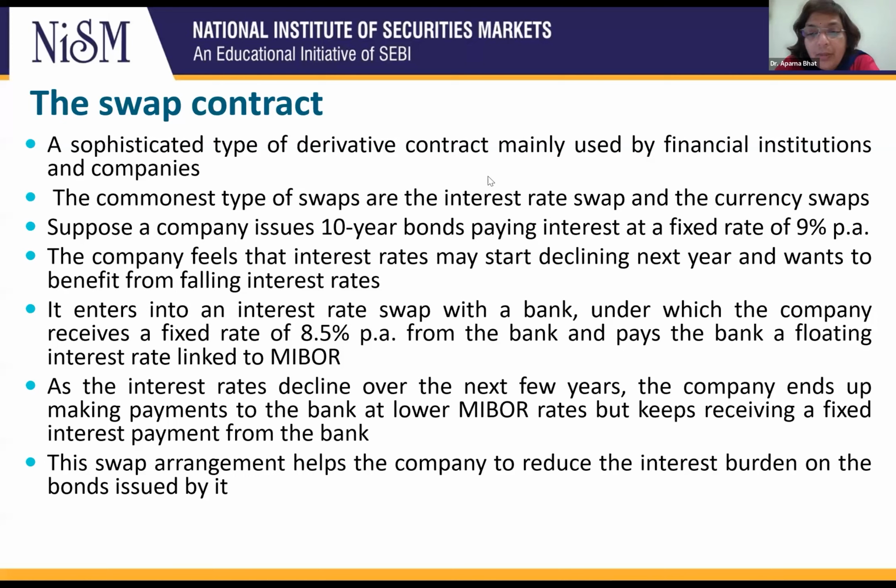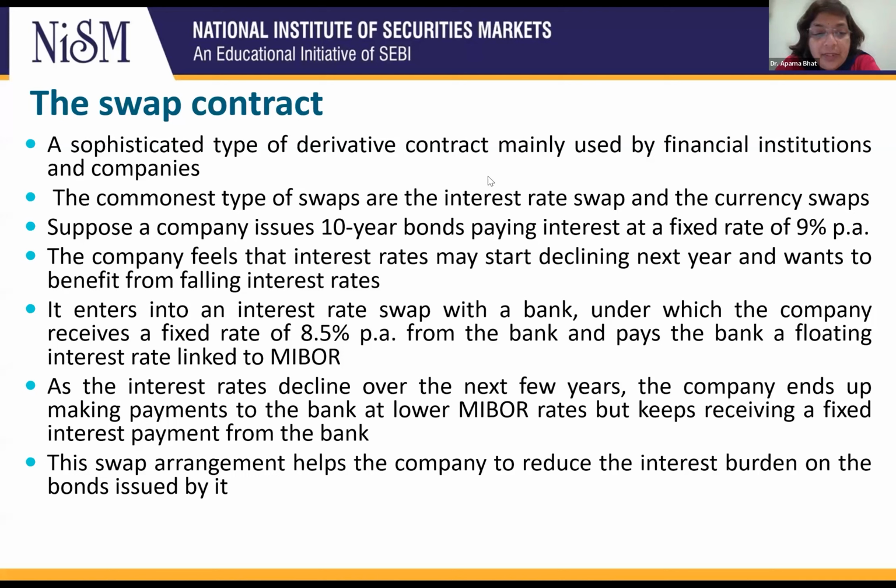So what is MIBOR? MIBOR is the benchmark of floating interest rates, right? So always remember, under a swap, one party will be paying something, the other party will be paying something else. In this case, the company pays the bank a floating interest rate linked to MIBOR, and the bank pays the company a fixed rate of 8.5% per annum.